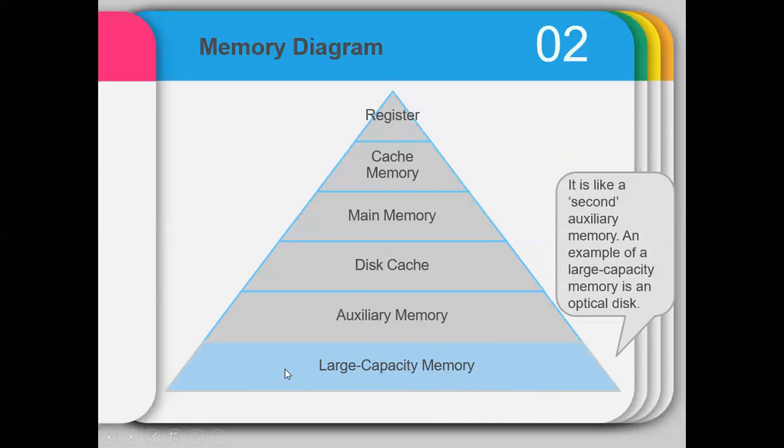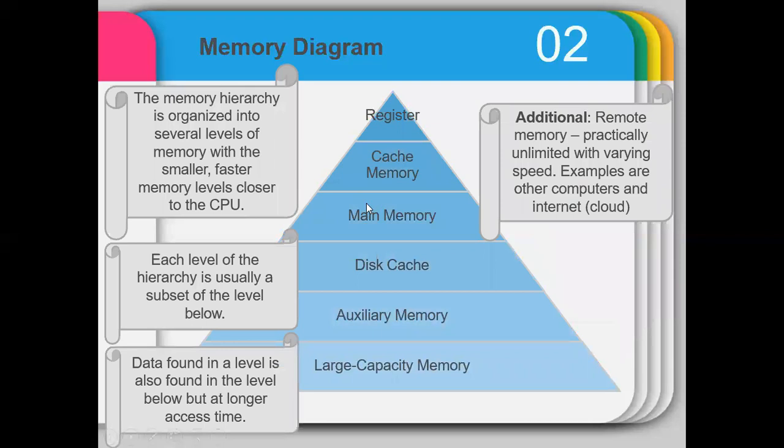Okay, now we will see the different storage and the performance of your memory diagram. So far we have discussed that the memory hierarchy is organized into several levels of memory, that is 5 levels, starting from 0, 1, 2, 3, 4, 5.